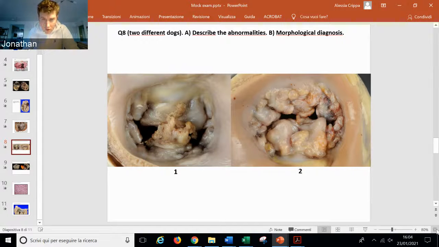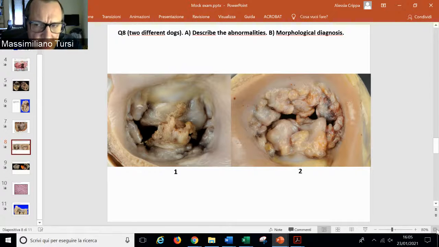This yellowish, I thought there was potentially some sort of cauliflower aspect. No, it's because there is fat. But also in myxomatous degeneration there is a new component.